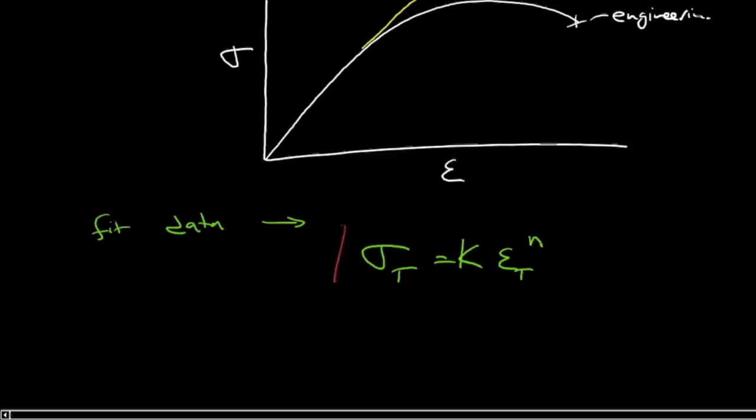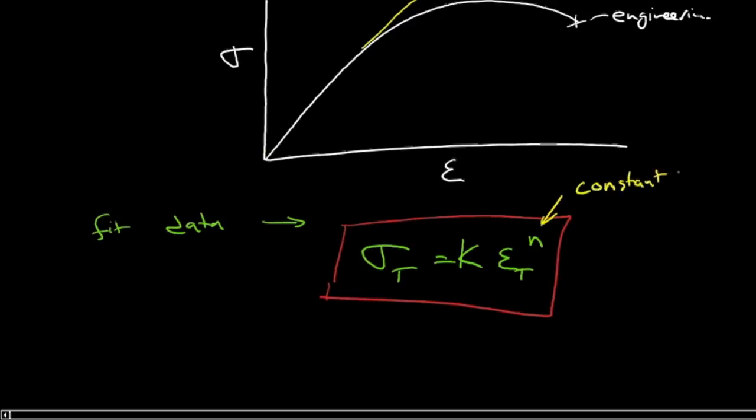That equation fits the true stress, true strain data quite nicely. What's useful is that n and K are constants. Those are material properties, and we can look them up in an engineering handbook.